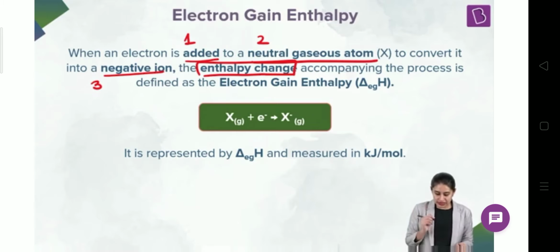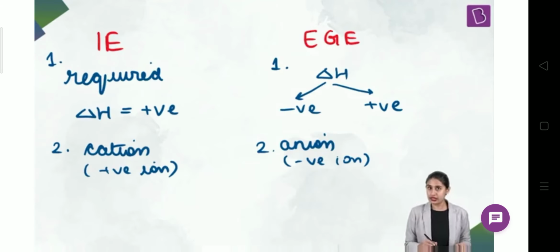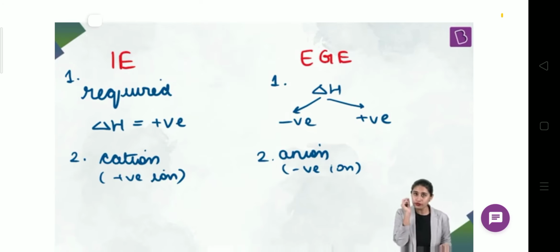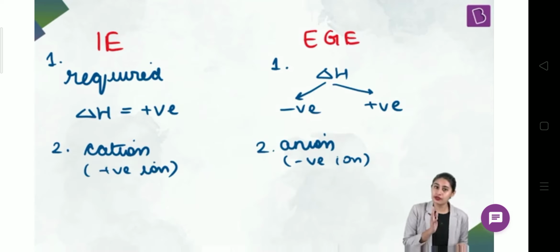There is also a very important difference: in ionization energy we are getting a cation, and in electron gain enthalpy we are getting an anion. In ionization energy, we always have to give energy. In electron gain enthalpy, we may have to give energy, or energy might also get released by itself.